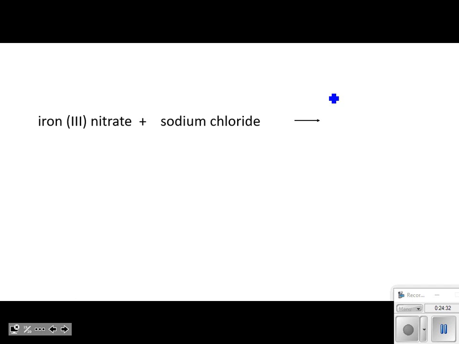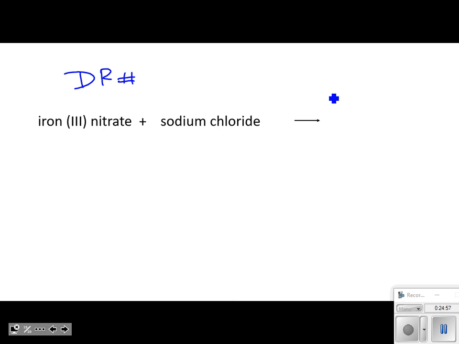Iron 3 nitrate and sodium chloride. Do I have an acid? I do not. So I've got a double replacement number 1.